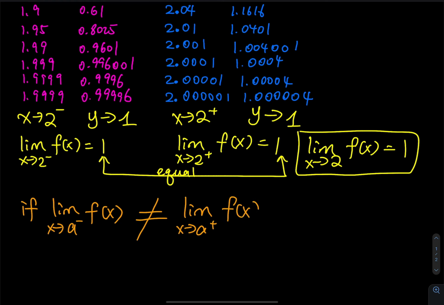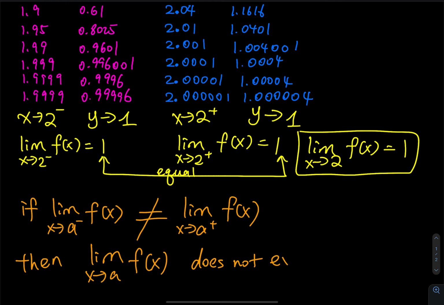Then you can say this. Since they are not equal, the limit as x approaches a of f of x does not exist. And the textbook just takes the D, N, and E. They will just say does not exist. D, N, E. All right.